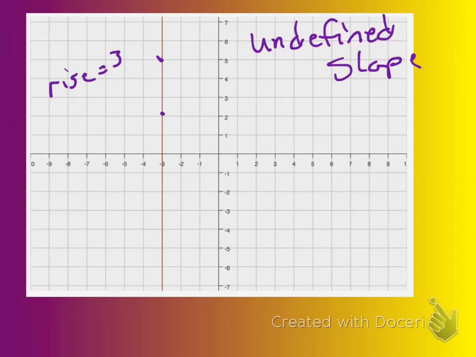And then my run, because it's rise over run, is equal to 0. So if I have 3 over 0, well, 0 times any number is not going to give me 3, so therefore that is an undefined slope.